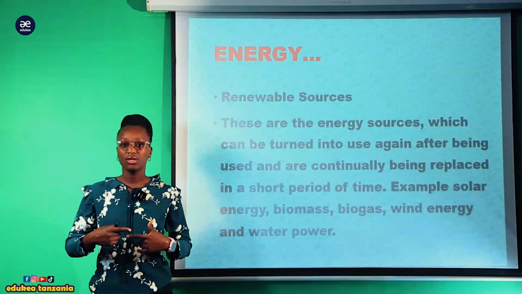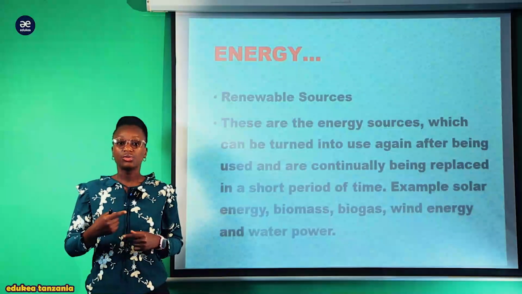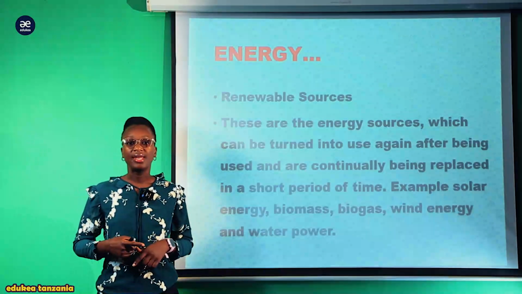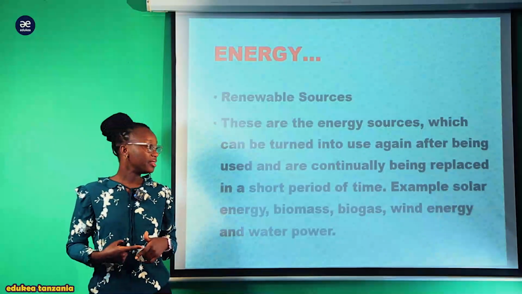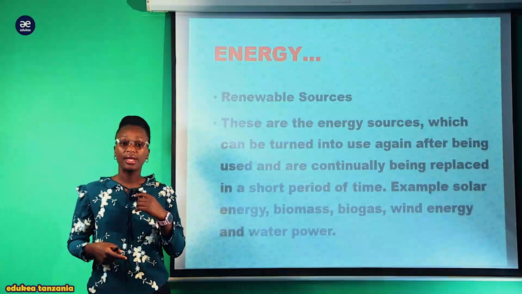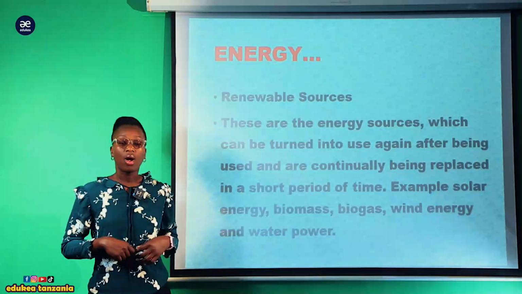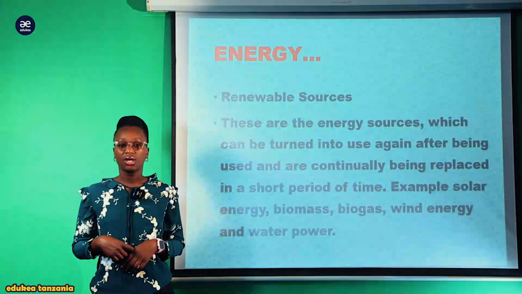Kwamba zenyewe hizi renewable source zinaweza kuwa turned into use again baada ya kuzitumia, and it is continuous. Yani ni energy sources ambazo ni continuous, mean that the way you can use it is the way can be replaced kwa muda mfupi.